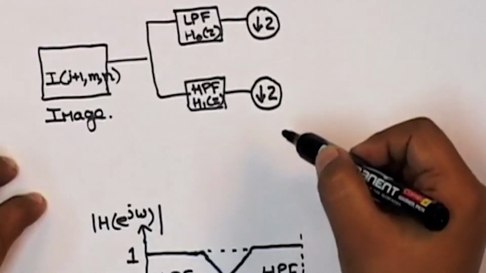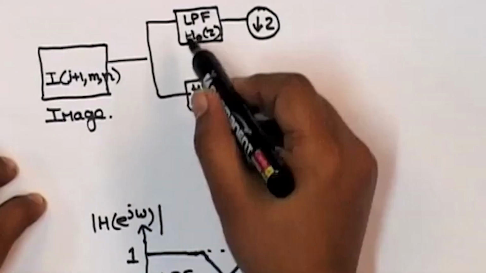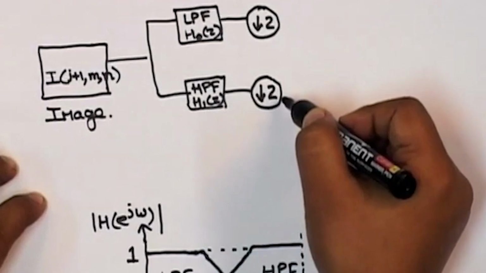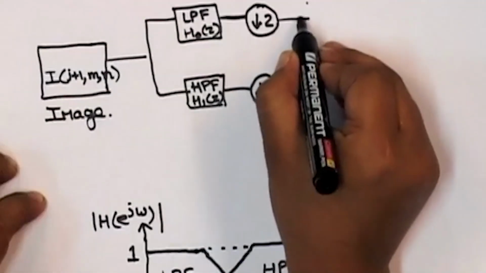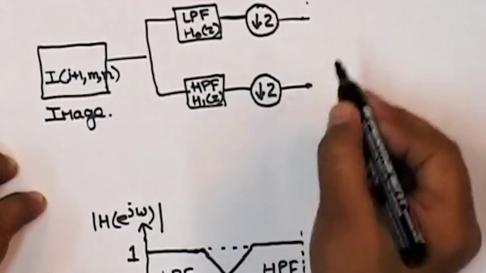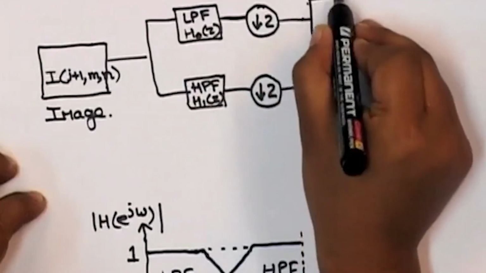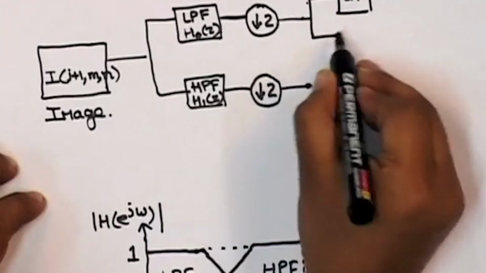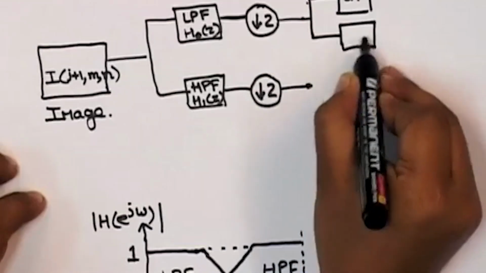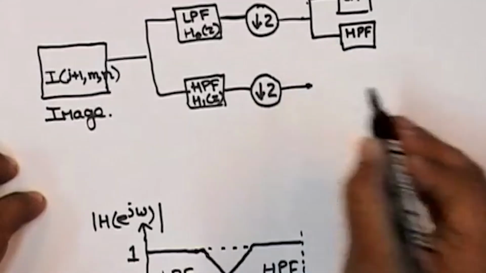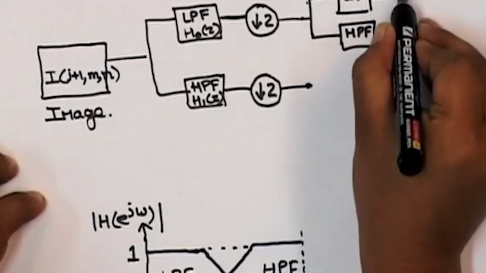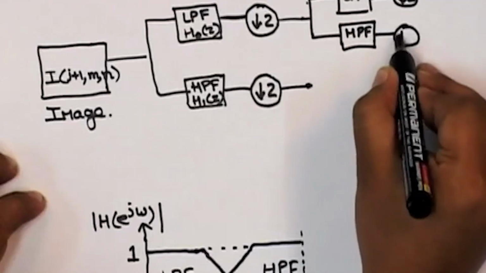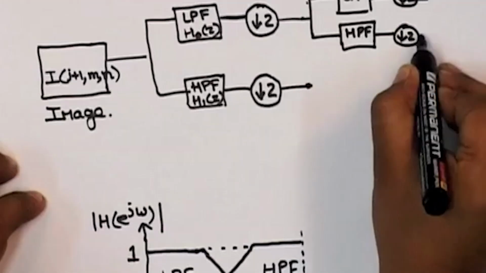Once we have done this, we can then apply these one dimensional filters and these downsampler operations now along the rows. After each of the outputs that we have obtained, we again apply a low pass filtering operation and a high pass filtering operation, followed by subsampling by 2, and again followed by subsampling by 2.